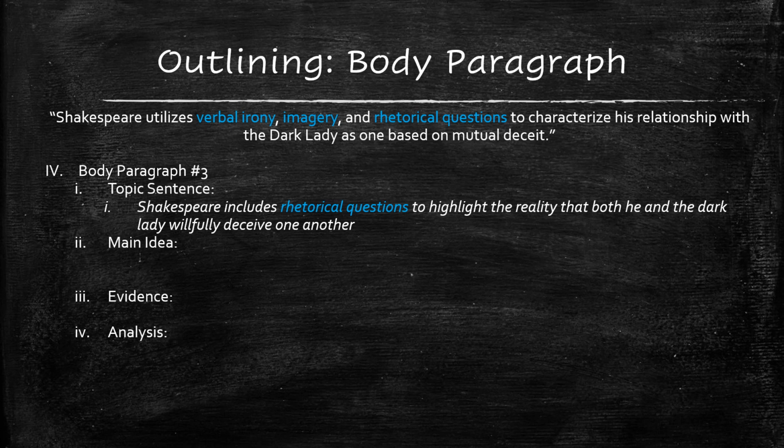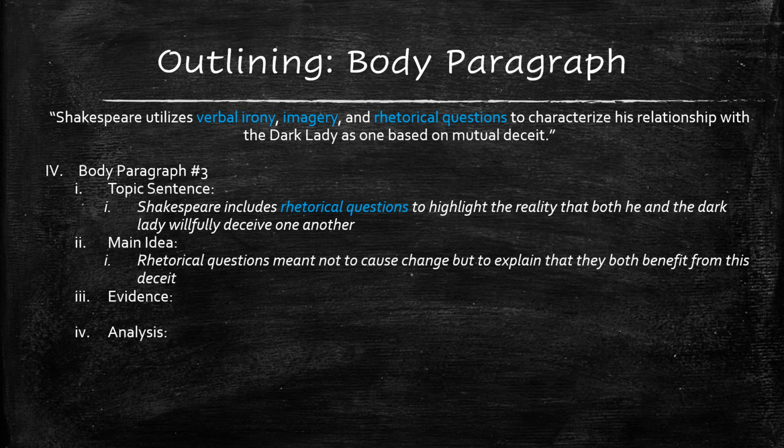So my third body paragraph, that topic sentence, must mention rhetorical questions in light of the nature of their relationship. For example, Shakespeare includes rhetorical questions to highlight the reality that both he and the Dark Lady willfully deceive one another. Then I jump to my main idea, and I'm going to play on this idea of willful deceit with the use of rhetorical questions.